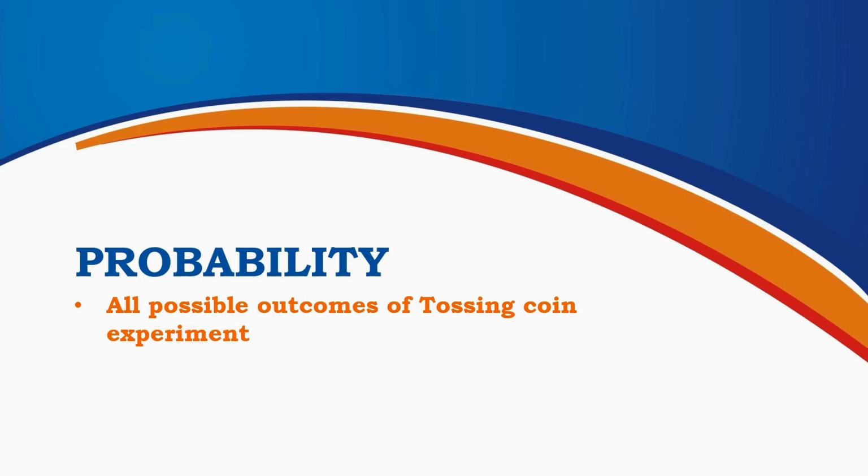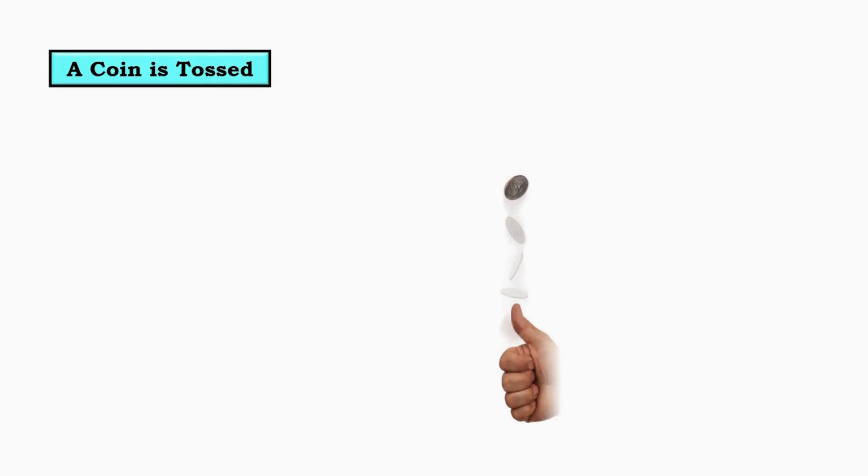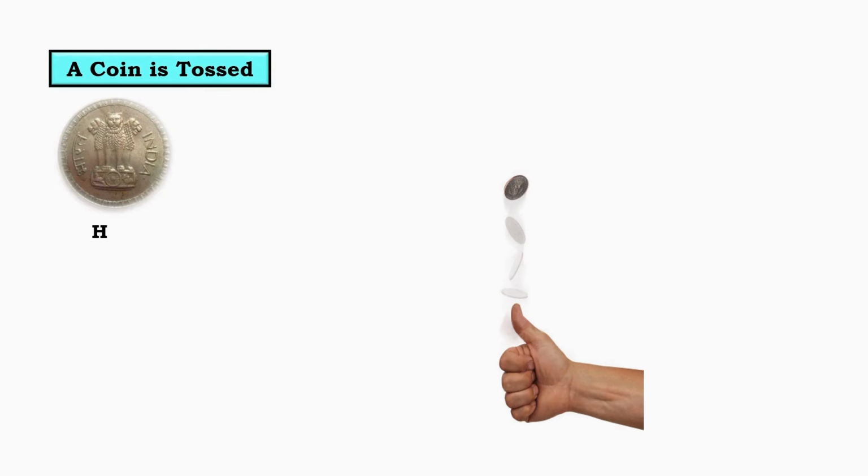Now, the next topic that we are going to learn is all the possible outcomes of the coin tossing experiment. In a coin we have a head or a tail, right? Whenever a coin is tossed, this is the head part and this is the tail part. We are considering a 1 rupee coin.